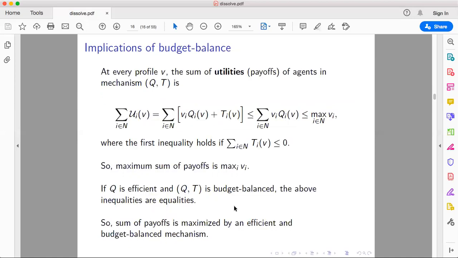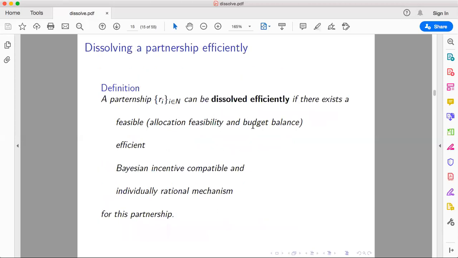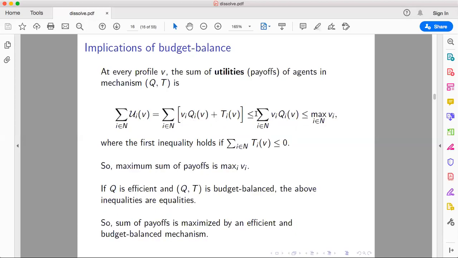So this is a new slide that I have put in. This was not there last time. Maybe some of you already realize it, but I want to stress the fact that there is a reason we are putting this budget balance condition in. The motivation is that we want to redistribute as much surplus as possible.